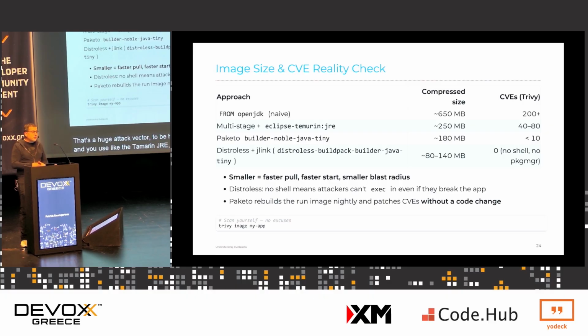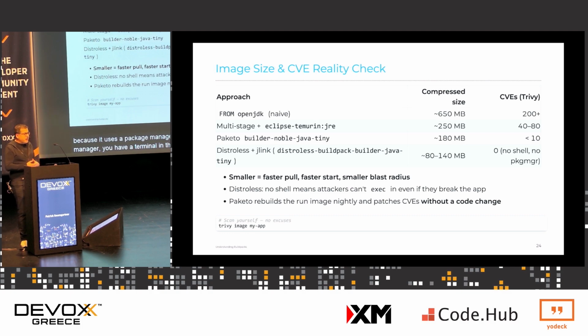Then you're around 250 megabytes for your container, but you still have around 40 to 80 CVEs in there because it uses a package manager inside. So you have maybe an Ubuntu, a package manager, a terminal in there. So we still have a big attack vector.